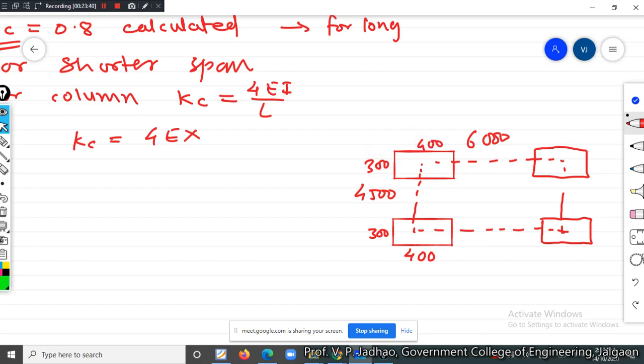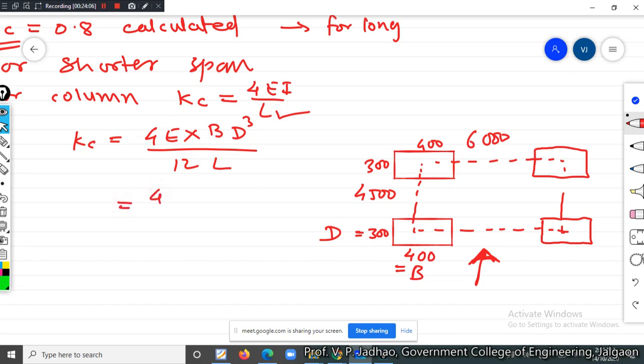Now we have to calculate the stiffness of your column along the shorter span, means in this direction. If we consider this direction, then this 300 will become depth, whereas this 400 will become width, that is equal to B. Therefore you can write BD cube upon 12 multiplied by this L value.